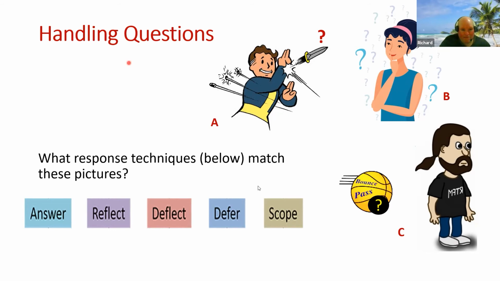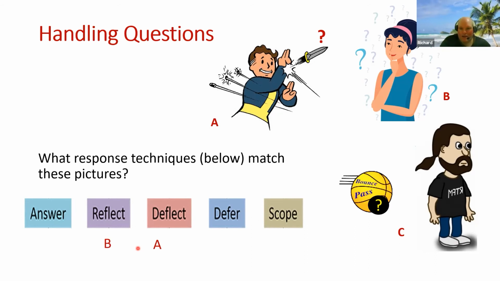What about B? Might have the answers right there. Hang on. There we go. Deflect. All right. What about B? Thinking about it. Patrick comes in with the goods. Thank you.